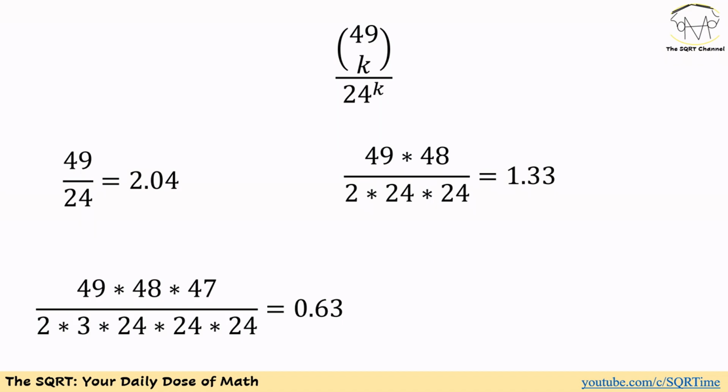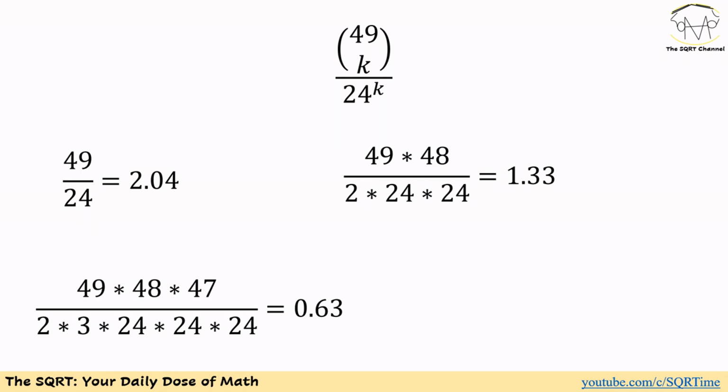This is 1.33 approximately. If we use k equal to 3, we will end up with 0.63, and if we continue this, you will see that the value that we get out of this term is going to go smaller.